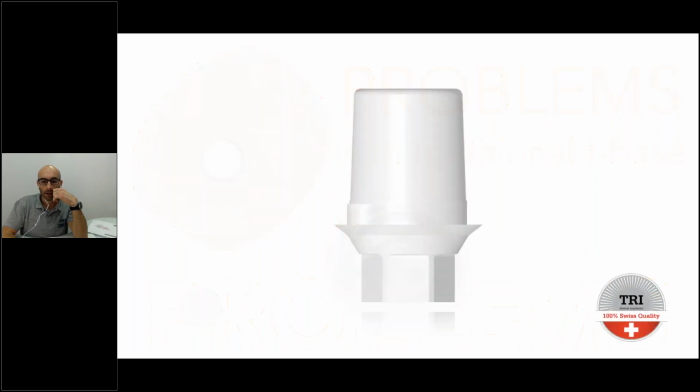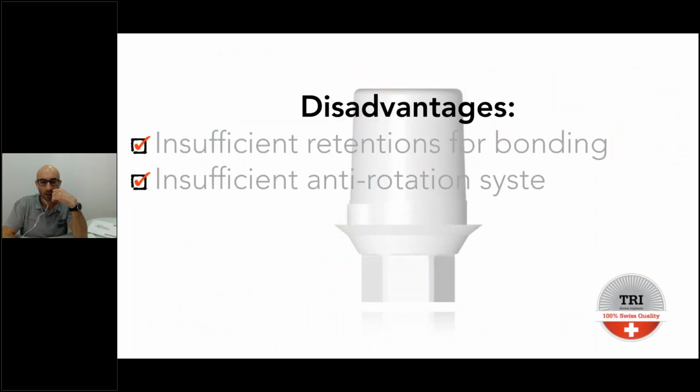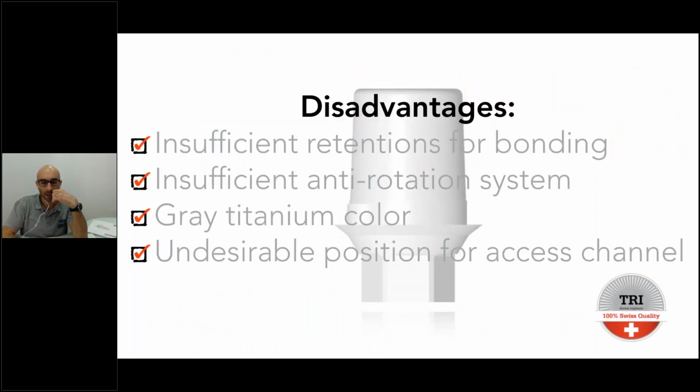So the major disadvantages of the T-bases that we found on the market are, the first one, insufficient retention for bonding. In this case, as we saw before, the TRI base has a rough turned surface from the industry, so we don't need sandblasting.